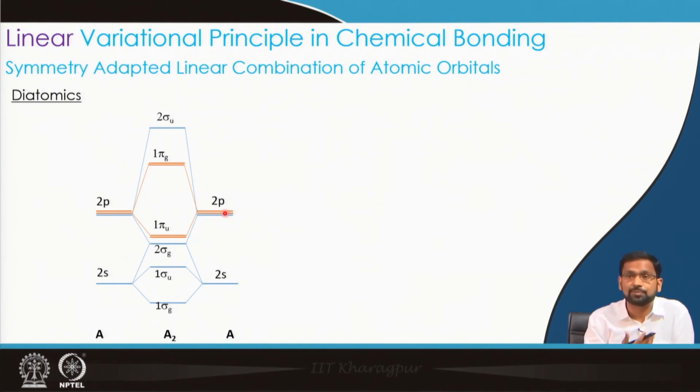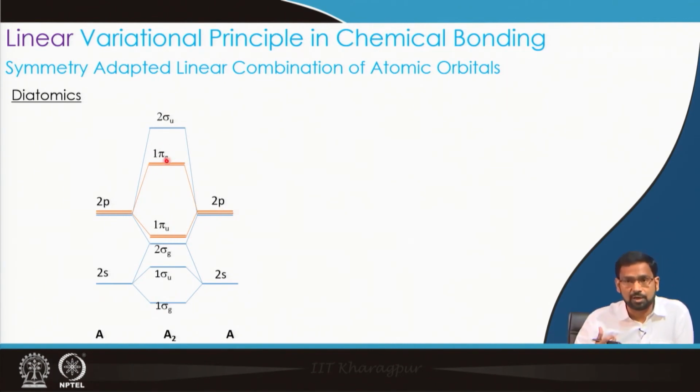So, in principle I can also solve them separately without worrying about their mixing, because they are still going to give me 2 degenerate pairs, and this is what has happened. 2px, 2py give me 1 pi pair, another pi pair. This is the bonding combination, this is the anti-bonding combination.